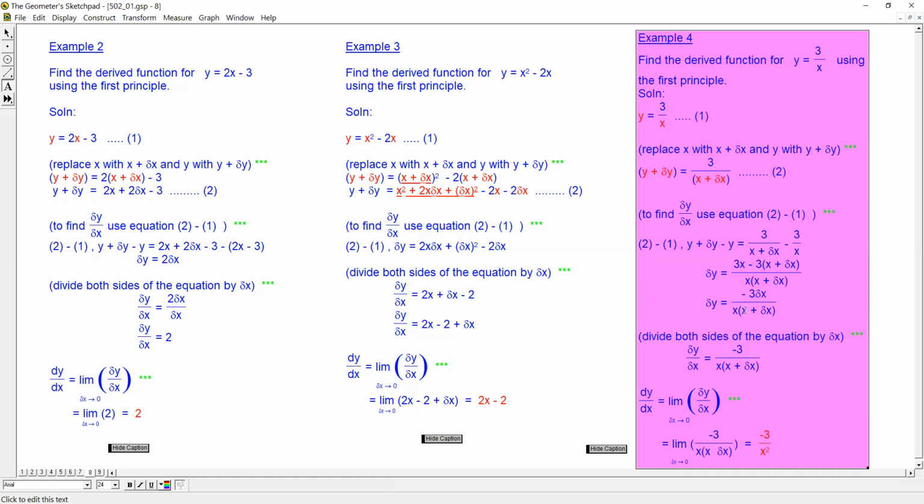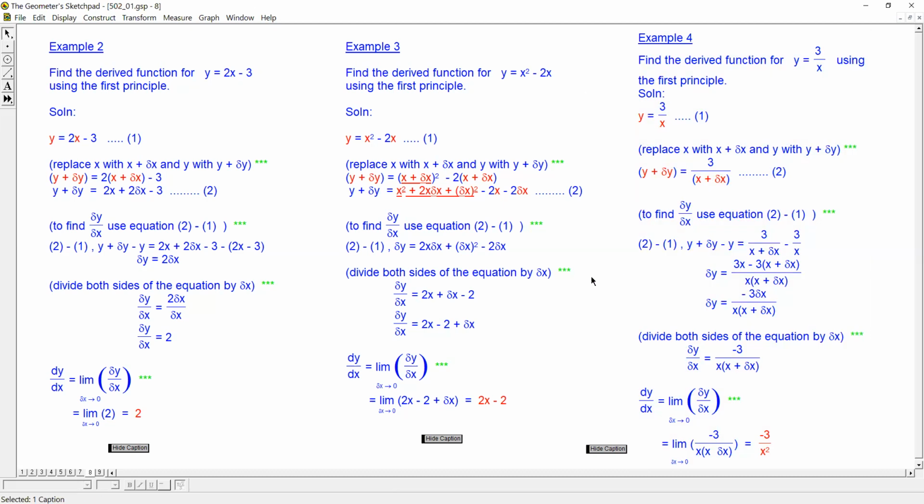Okay. So is this step here okay? Negative 3 delta x over x bracket x plus delta x. Again, please don't expand this one. Now we're going to divide both sides of this equation by delta x.